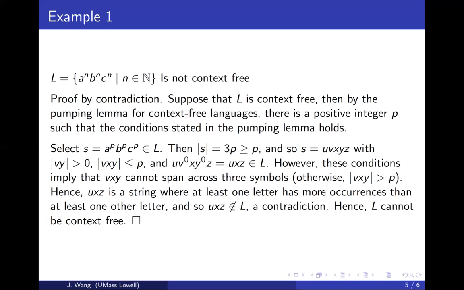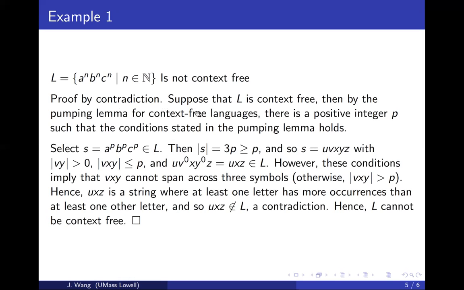So we want to prove that if this language is context-free, then because we have this pumping lemma, we can apply it and derive a contradiction. That contradiction indicates that your assumption that this language is context-free is wrong. That is how we are going to construct this proof.